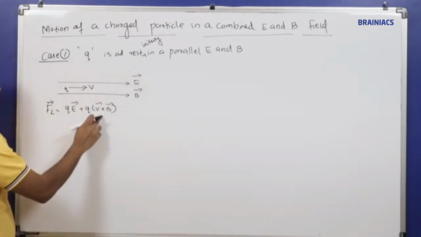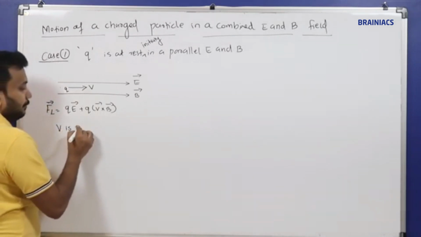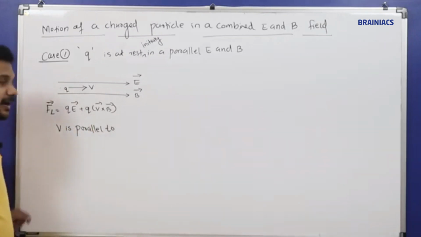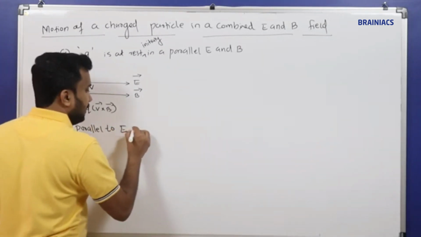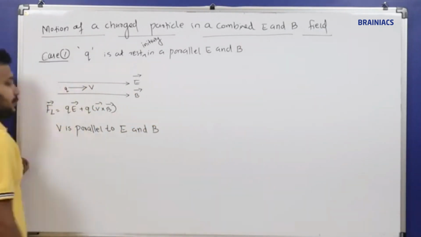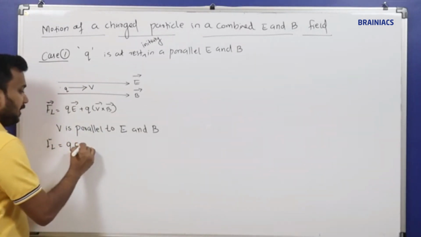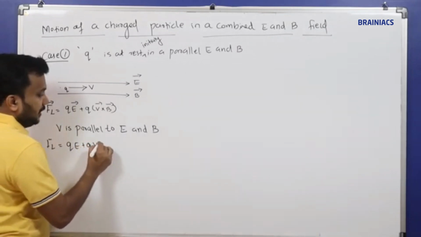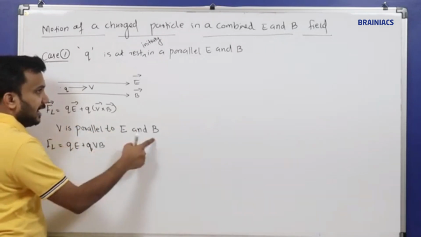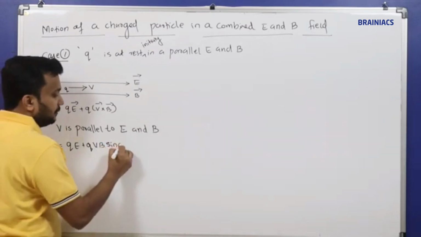Now we know v and B are parallel to each other. So v is parallel to E and B. Now the Lorentz force F_L equals qE plus q v B sin theta, where theta is the angle between velocity and magnetic field. Velocity is parallel to the magnetic field, the same line, so the angle is 0 and sin 0 is 0.